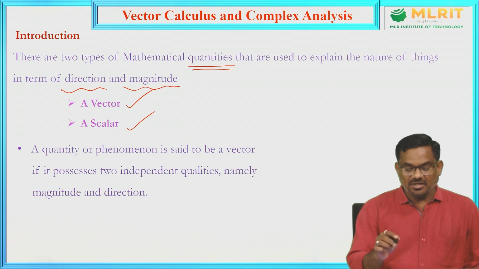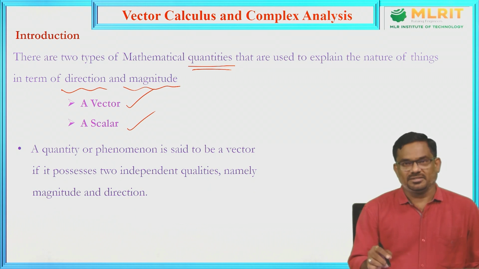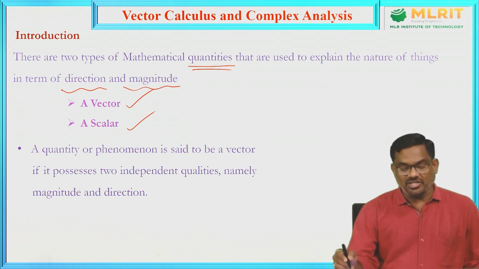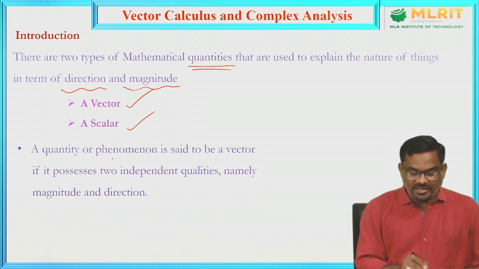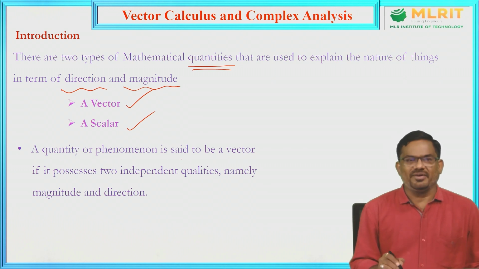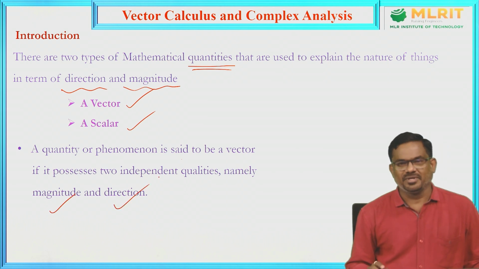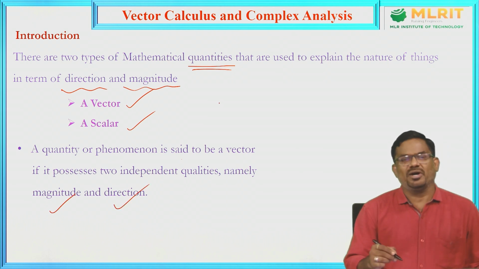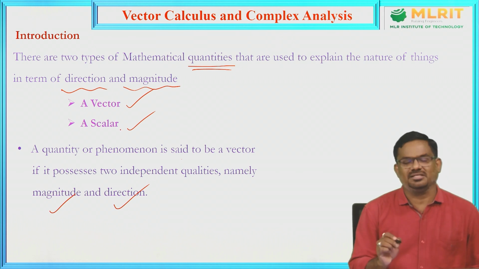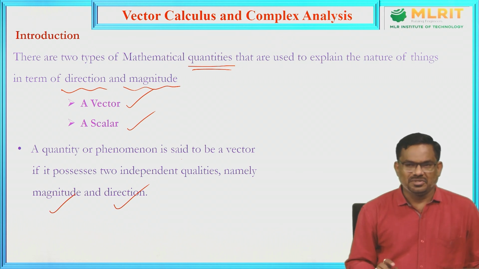Simply, a quantity or phenomenon is said to be a vector if it possesses both magnitude and direction, two independent qualities. So a vector is a quantity which has both magnitude as well as direction, whereas a scalar has only magnitude. When direction comes, vector comes into the picture.